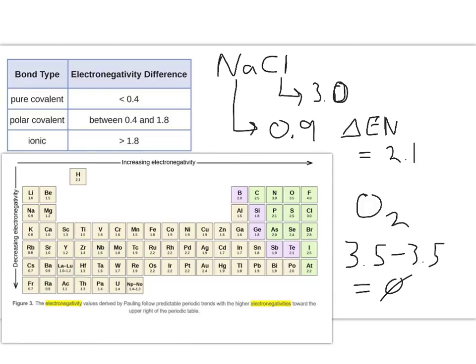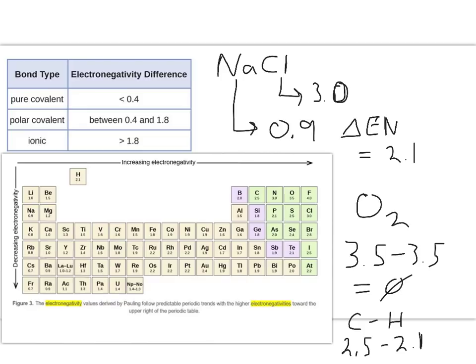In organic chemistry, you often see many carbon-hydrogen bonds. Carbon has an electronegativity of 2.5. Hydrogen has an electronegativity value of 2.1.